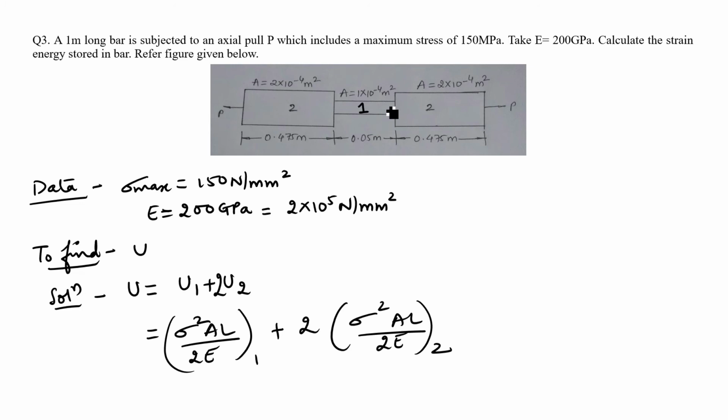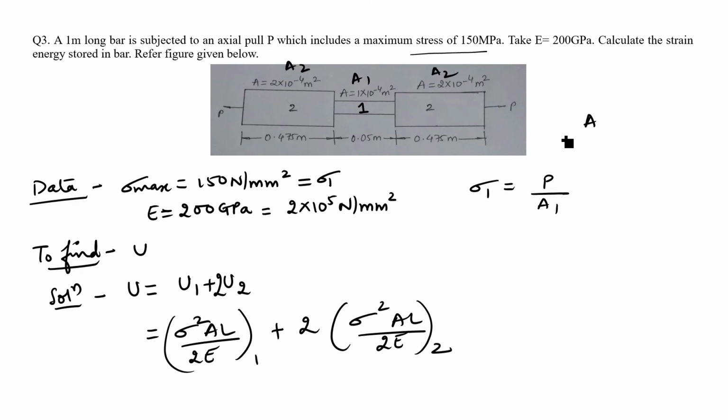So this value of sigma max which is given to me is for the first bar, because the first bar will be having more stress induced because of lesser area and the same amount of load. So I'm going to write down over here that this is nothing but my sigma 1. I know sigma 1 will be P upon A1. Let me call this area as A1 and these two areas as A2.